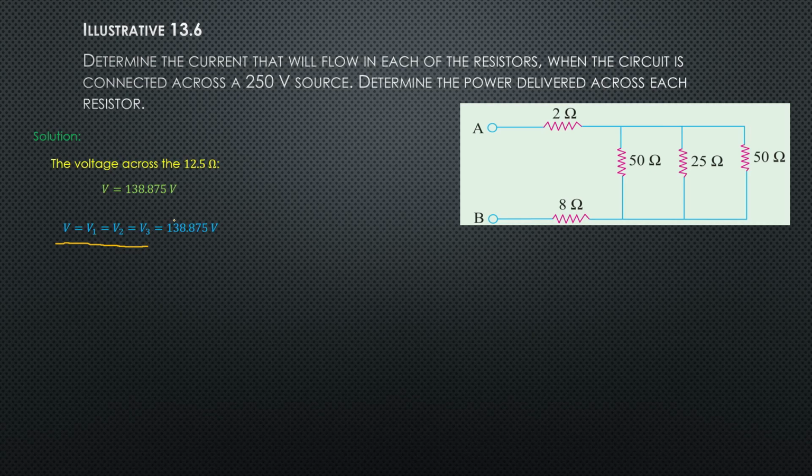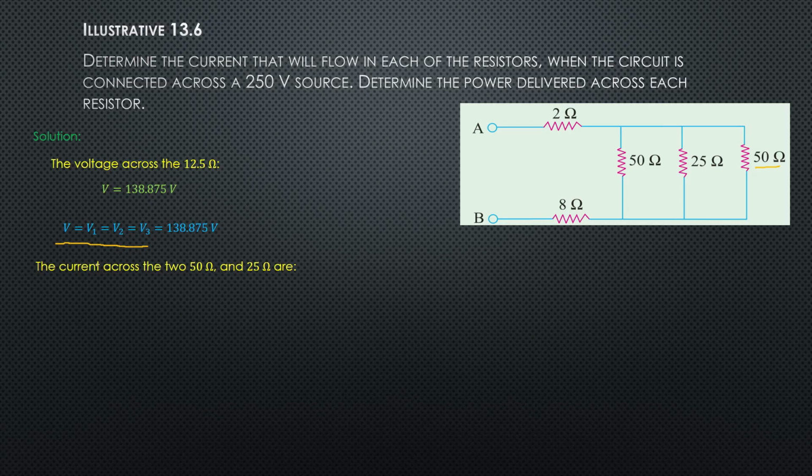So V1 represents the voltage across the 50 ohm, V2 will be the voltage across the 25 ohm, and V3 will be the voltage across the last resistor, which is a 50 ohm resistor.